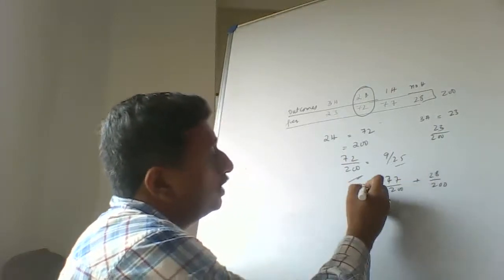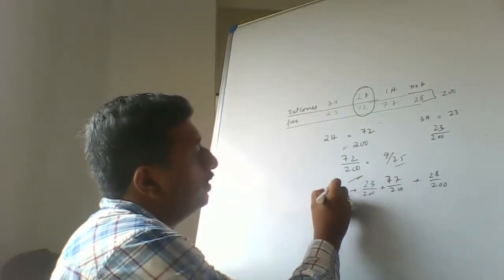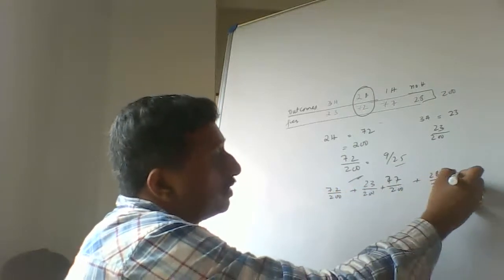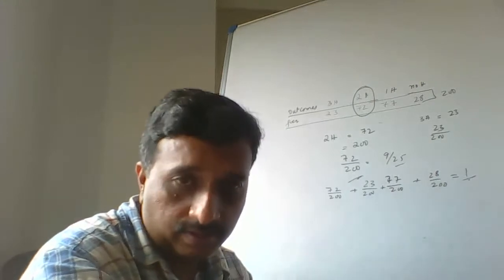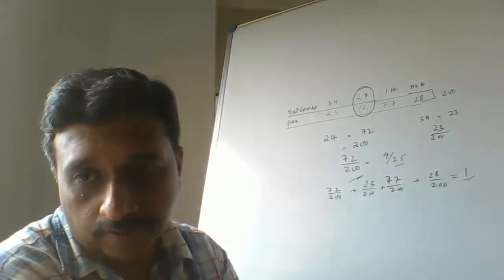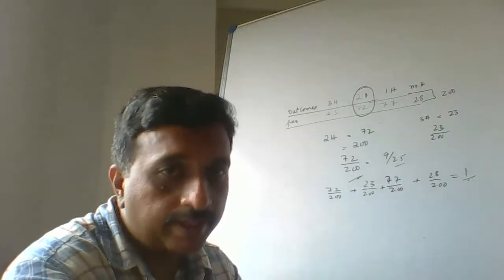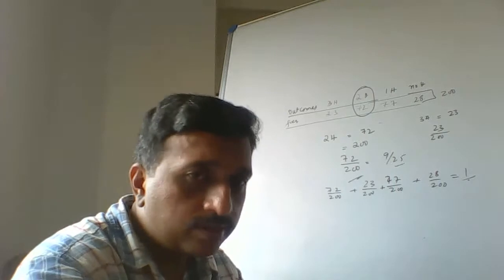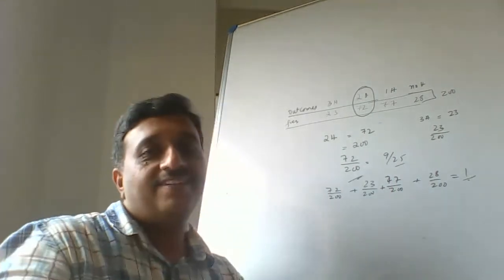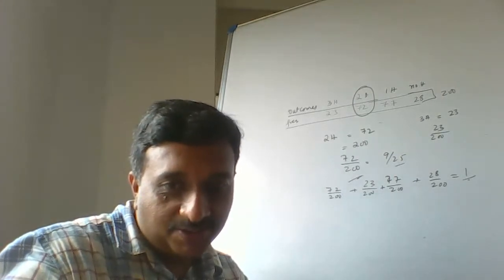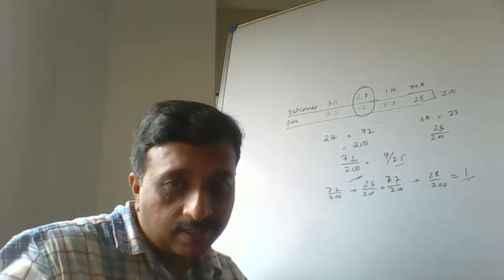If you add all of these, 23 by 200 and 72 by 200 and the rest, this results in 1. I hope this answers the question asked in the previous problem: is there any probability which is more than 1? It is not possible, right? This proves it. Otherwise, the question is wrong. Fine, we'll see the next problem.